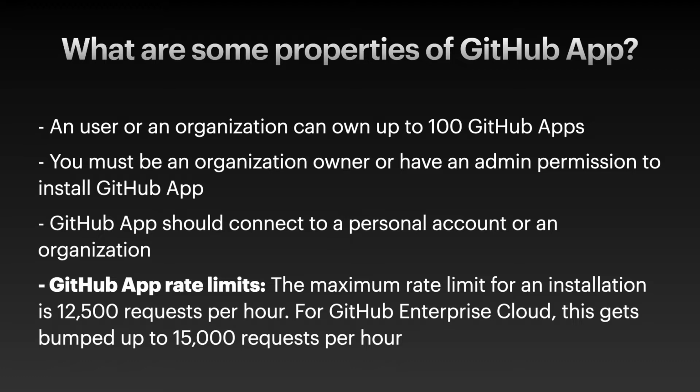A GitHub app should connect to a personal account or organization. GitHub app rate limits: the maximum rate limit for an installation is 12,500 requests per hour. For enterprise cloud, this gets bumped up to 15,000 requests per hour.